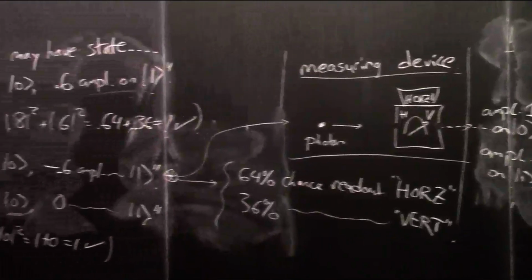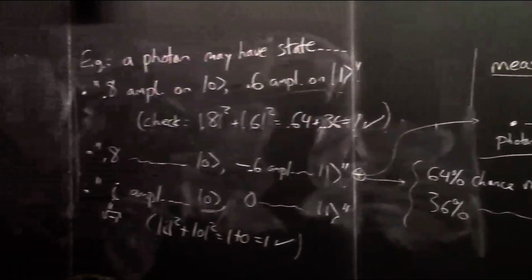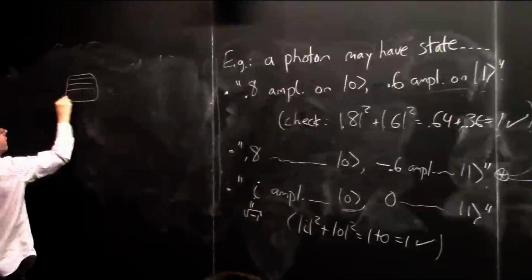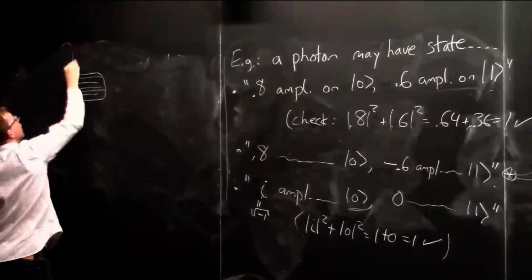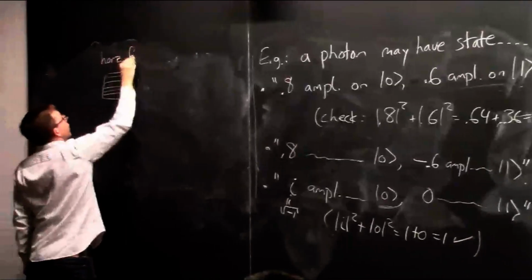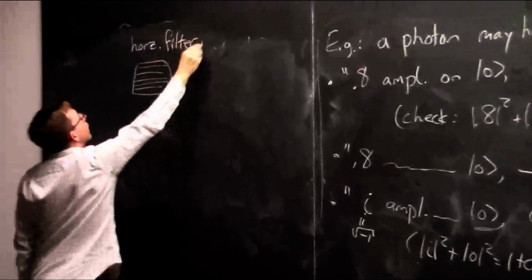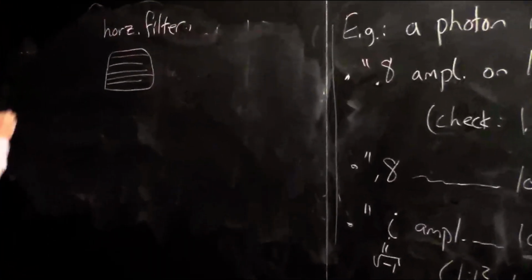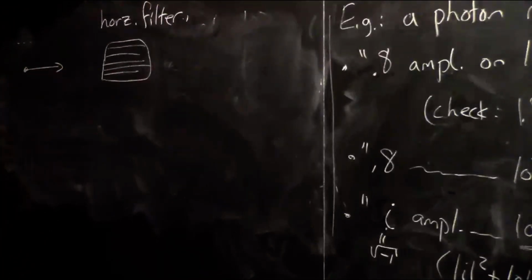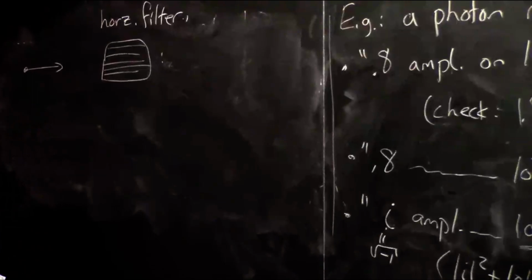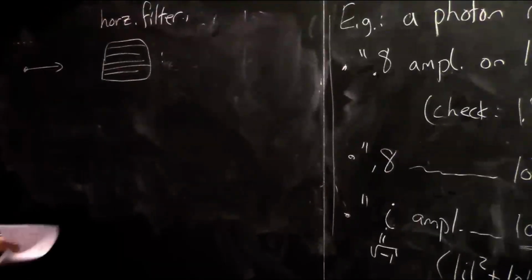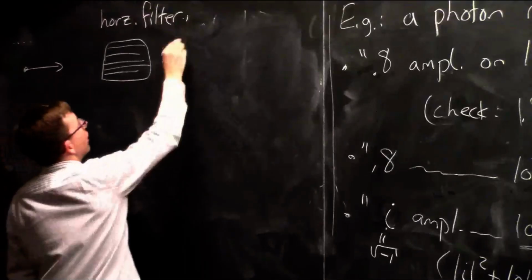At a high level, this horizontal filter that comes in your movie 3D glasses works like this. If a photon comes in, then it does two things. The actual physics of it, I'm not even sure how it works, but at a high logical level, it works like this.